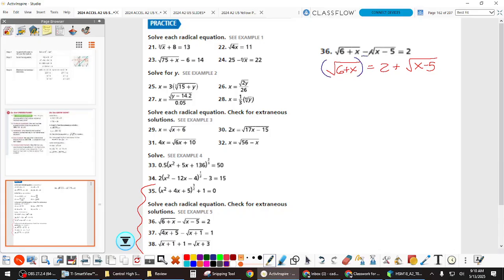So square, and use parentheses to help remind you of that maybe. So left side is nice, it just takes away the square root, but this side we have to expand. And like I said, this is where you can mess this up. So write it out to make sure that you don't miss a term.